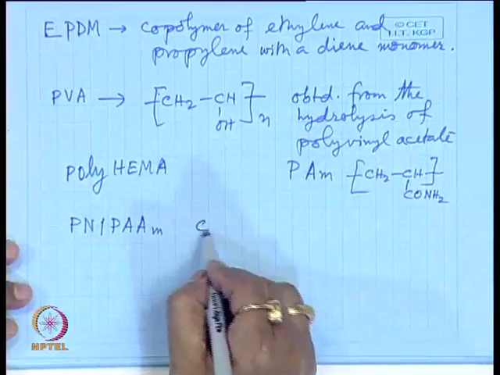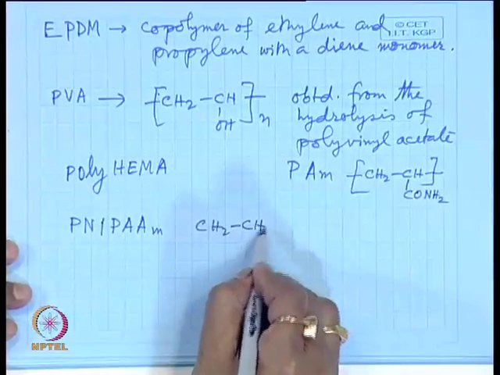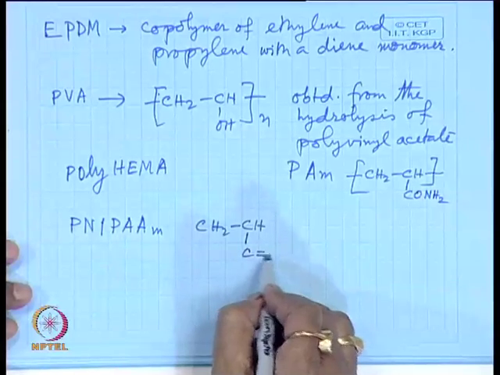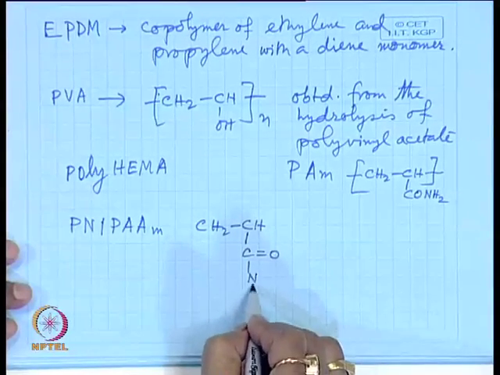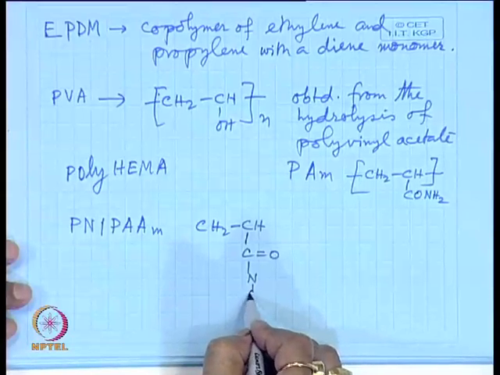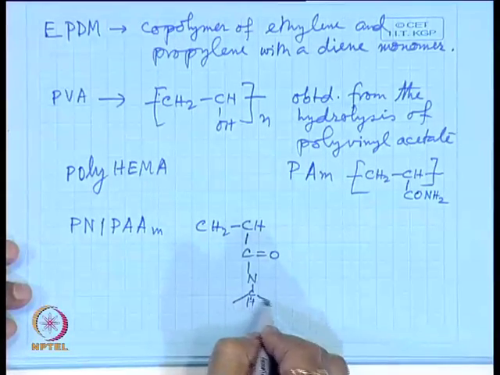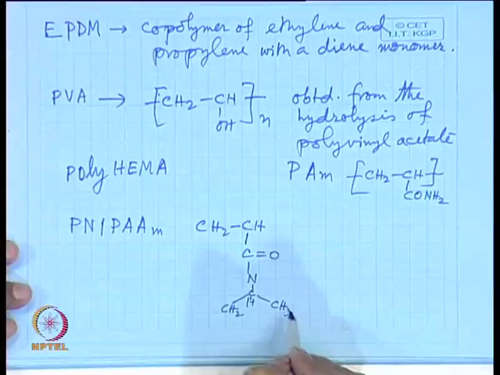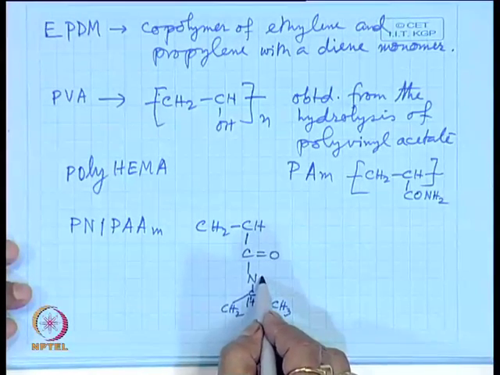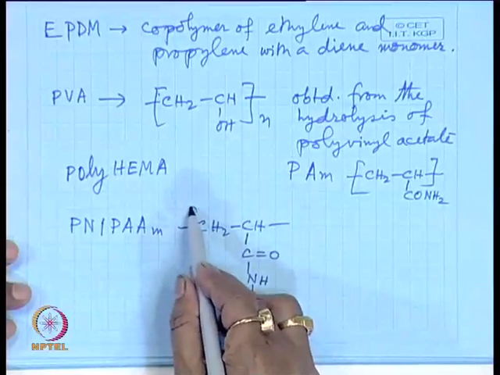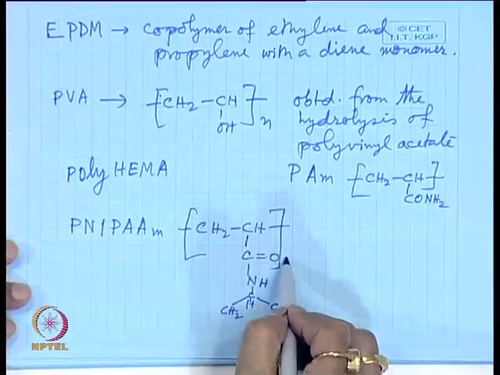So, here also you write down this formula. N-isopropyl means give one isopropyl group, one H remains. So, this is actually poly N-isopropyl acrylamide.